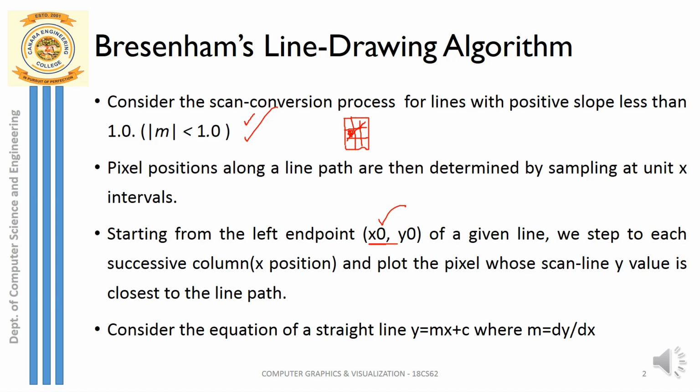Choosing the next pixel depends upon the formula that we are going to follow as per Bresenham's algorithm. Our line equation is y equals mx plus c, where m is the slope and c is the y-intercept. The slope formula is m equals dy by dx.